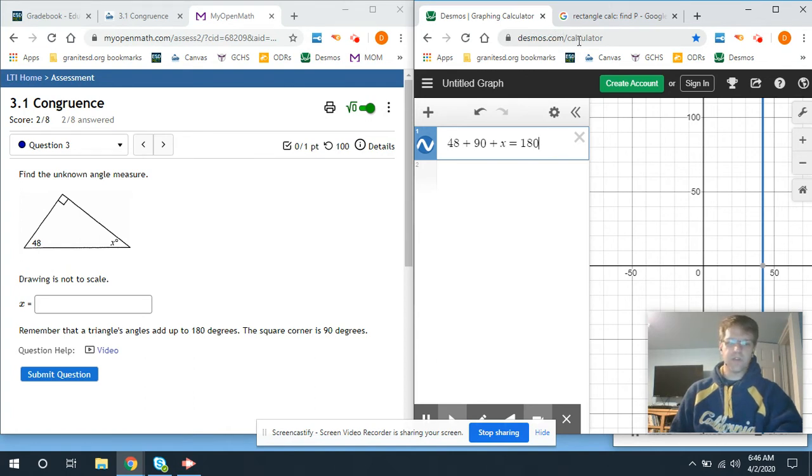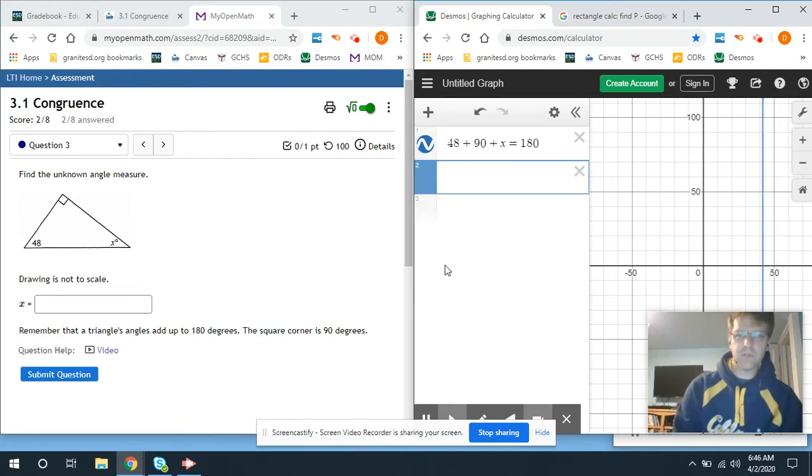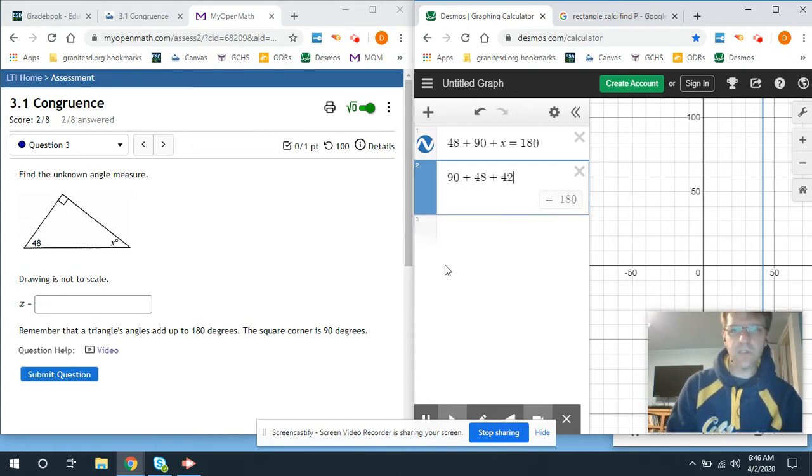You could use a different calculator. This happens to be my favorite. So when I put this in, I can click here and see that my answer is 42. Now, why is it 42? It's 42 because 90 plus 48 plus 42 equals 180.